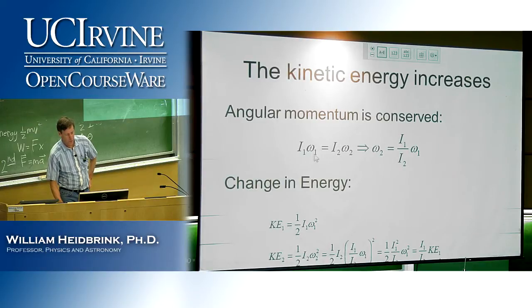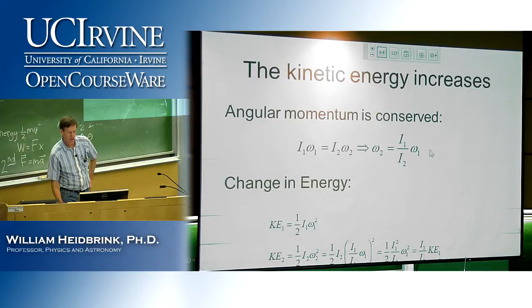And correspondingly, omega 1 is small when my arms are out, and it's big when my arms are in. Now we can just solve this to figure out what's going to happen to omega 2. And in fact, omega 2 is whatever my initial speed was times the ratio of the rotational inertia when my arms are out to the rotational inertia when my arms are in.